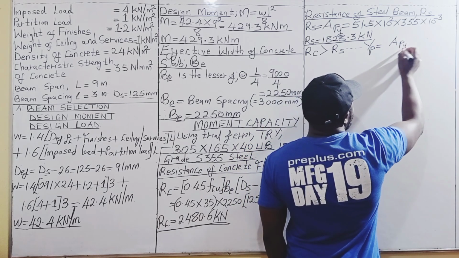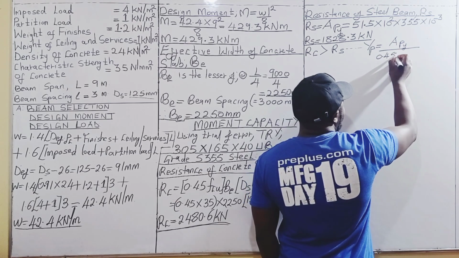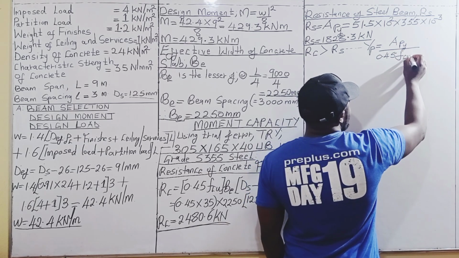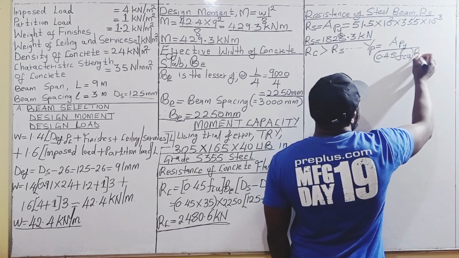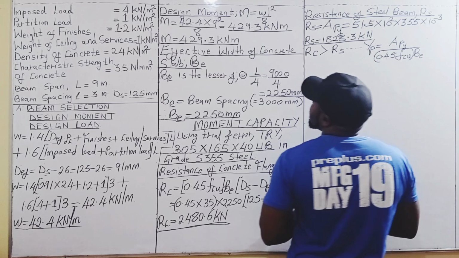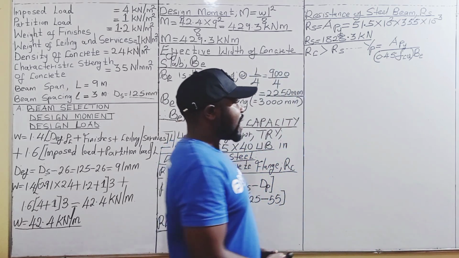APY divided by 0.45 FCU multiplied by BE, which is the effective width of the concrete slab.